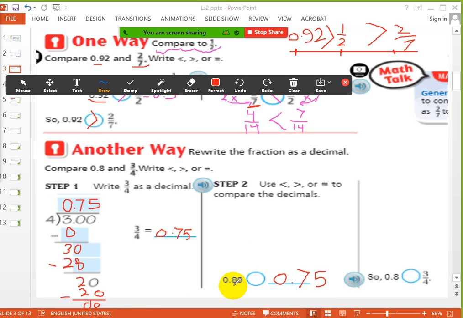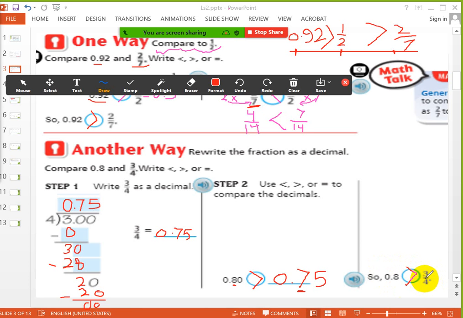So I will move to the tenths. This is 8 and this is 7. Which one is the greater? 8 is greater than 7. So I will stop here, and I know that 0.8 is greater than 0.75. That means 0.8 is greater than 3 over 4.